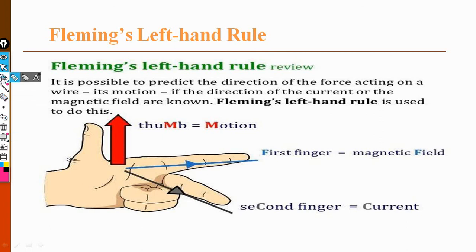Fleming's left hand rule states that the thumb shows the direction of motion of the conductor.